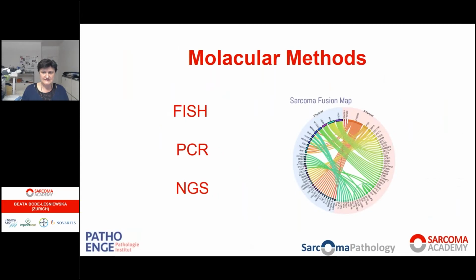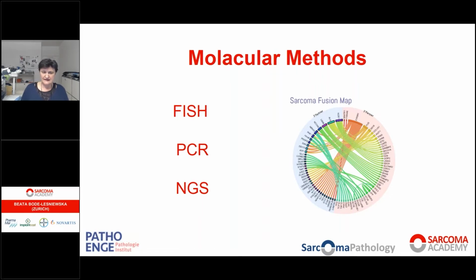So how do we detect these genetic aberrations? We have several tools to do it. At the molecular level, we have fluorescence in situ hybridization, PCR, NGS, and all those methods have advantages and disadvantages.